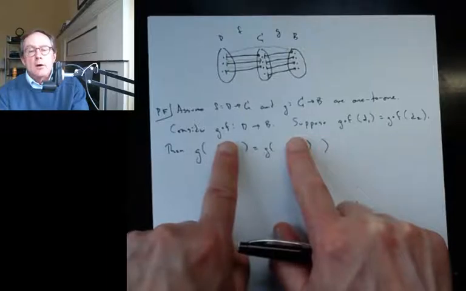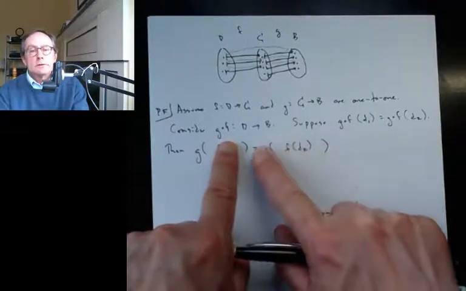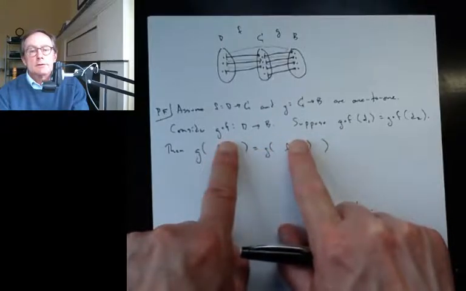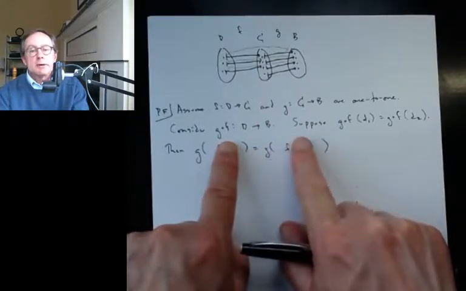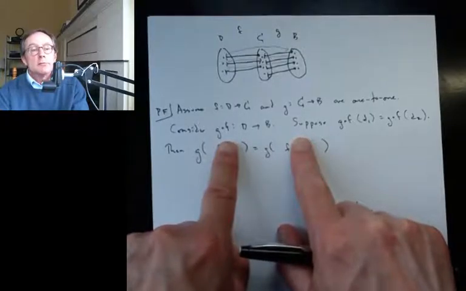G of two inputs equals the same output. So because G is one-to-one, that tells you that the inputs are the same.